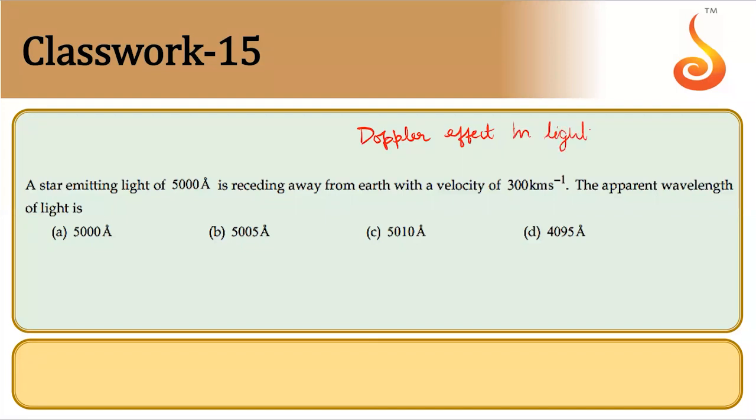So according to Doppler effect in light, change in wavelength delta lambda by lambda, where lambda is original wavelength, should be V divided by C. So change in wavelength delta lambda is V lambda by C. V is 300 km per second, so 300 into 10 power 3.